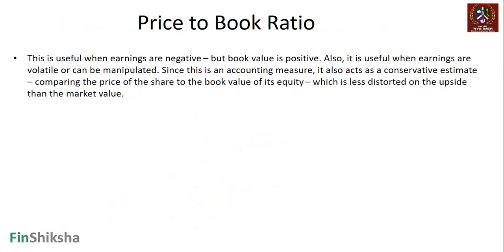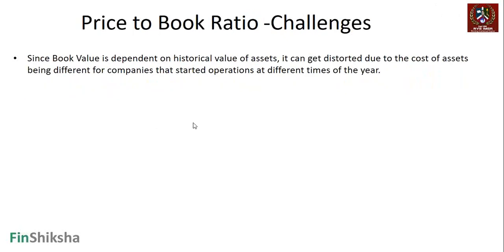Right now, where is this useful? This is useful when earnings are negative because book value is usually positive. For book value to be negative, you have to have losses for multiple years for reserves and surplus to go out, right? So it is a conservative measure as well because it's an accounting measure and it kind of remains conservative in the overall calculations that we see.